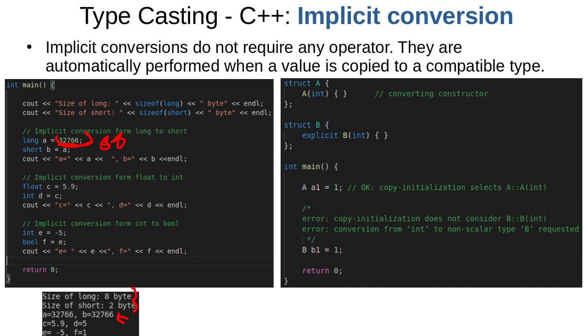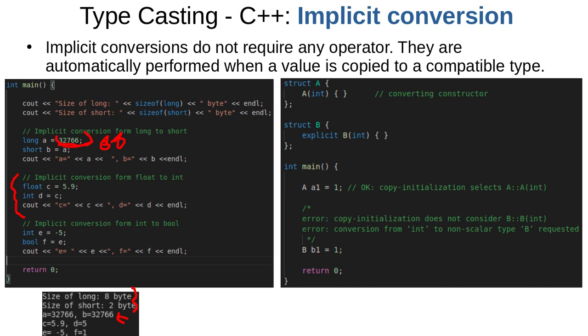You have to take this into consideration when implicit conversion is done, so that the value might change, or the sign also might change.